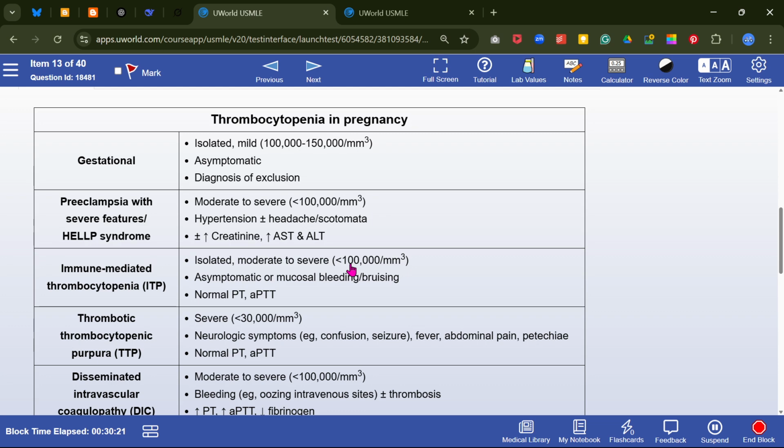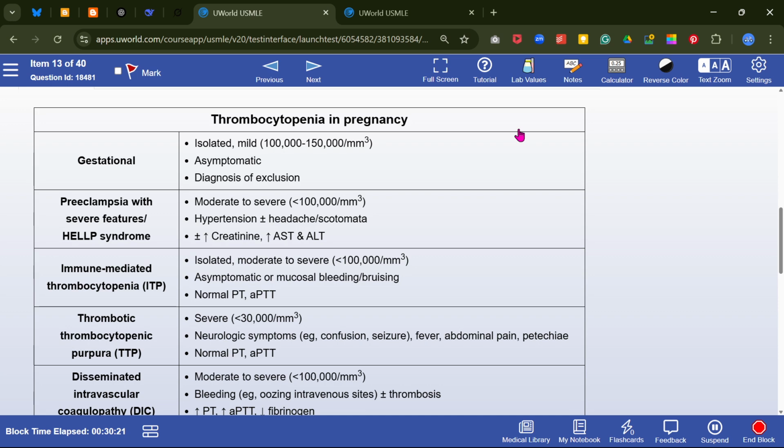So there is moderate to severe, less than 1 lakh, and hypertension with or without scotoma, with increased creatinine and increased AST and ALT. ITP, isolated, moderate to severe, also less than 1 lakh, asymptomatic or mucosal bleeding, bruising.